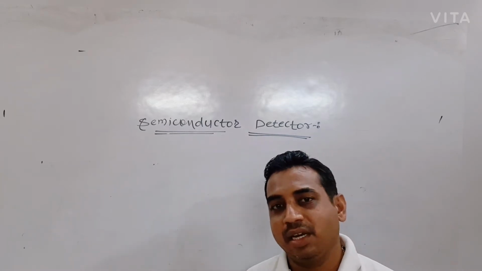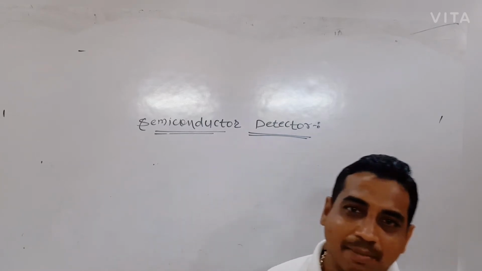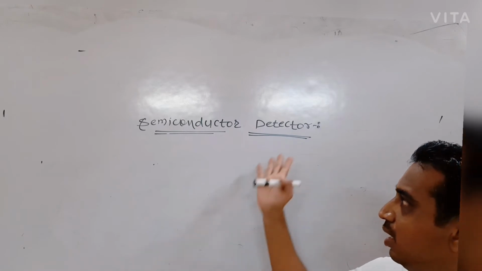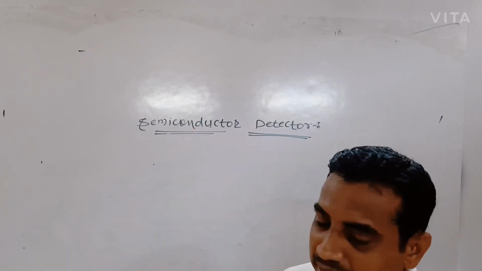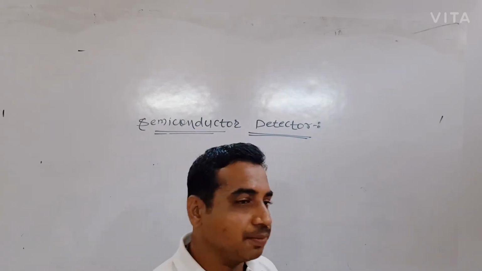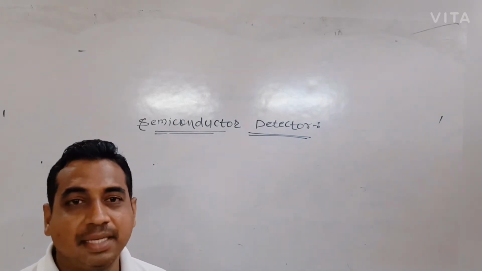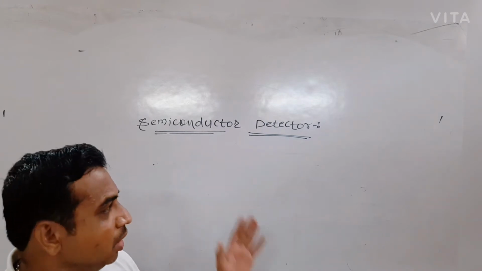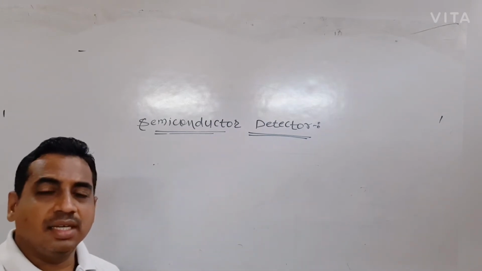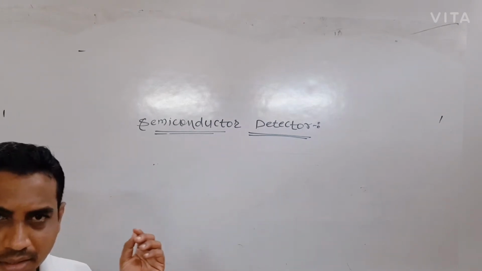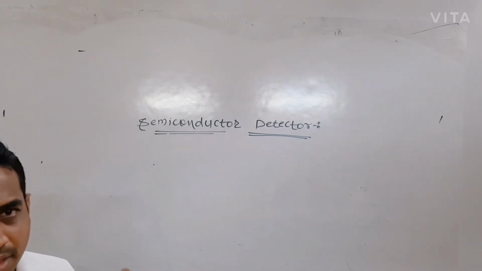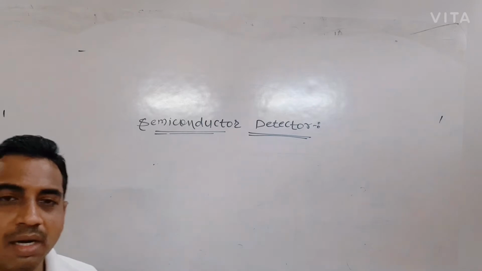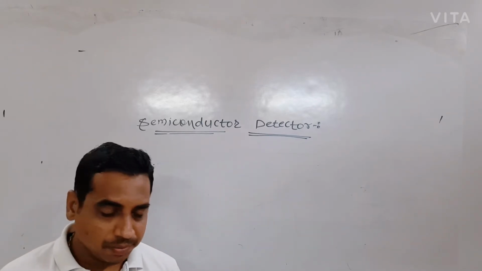There are alpha particles, beta particles, gamma radiation, as we see in the different detectors. Similarly, this works based on that principle, but it has some different criteria related to other kinds of counters.